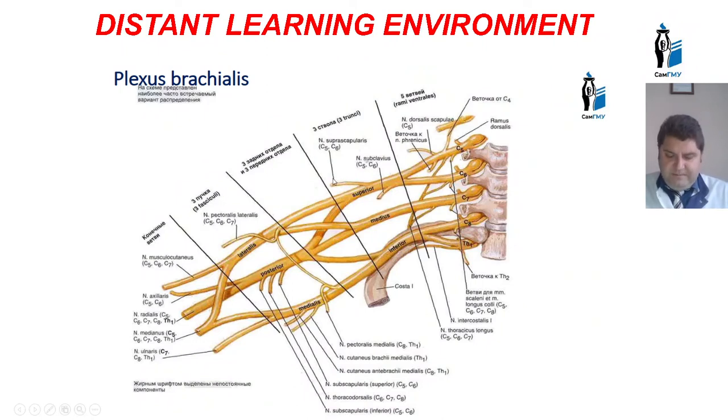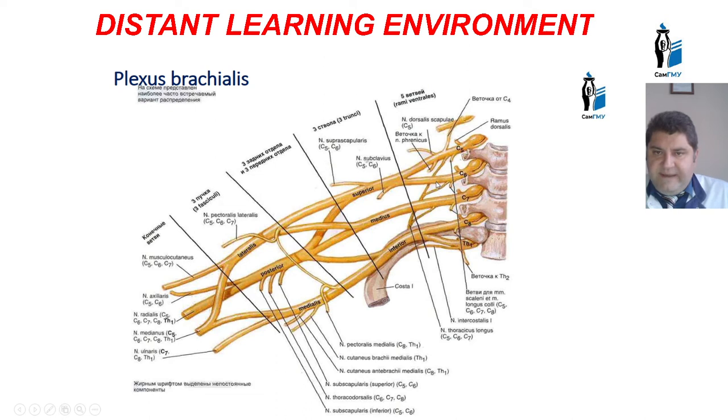The suprascapular nerve passes through the notch in the scapula bone, and it passes into the supraspinous and infraspinous fossas to innervate the supraspinous and infraspinous muscles, and also the capsule of the shoulder joint.